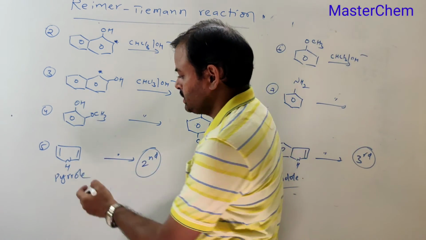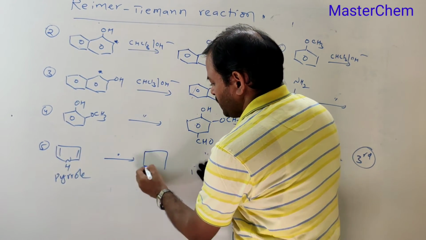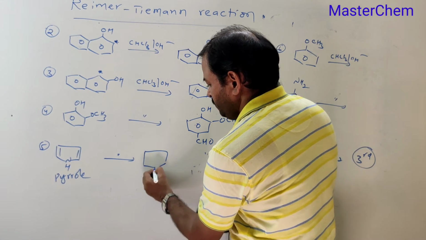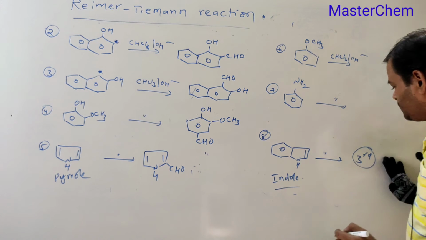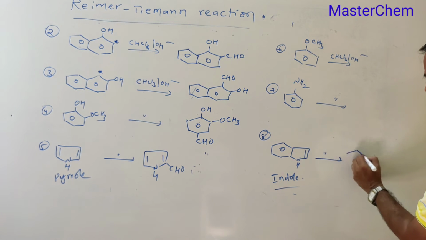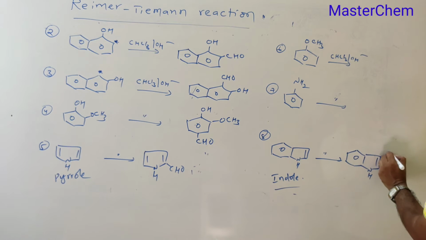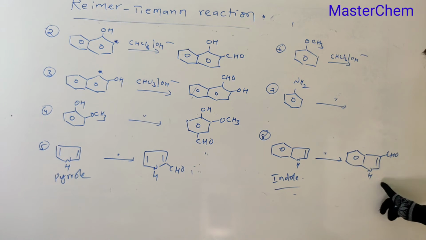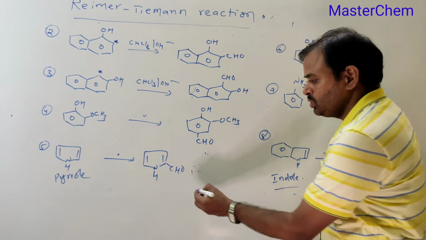Second position means this one, so place the CHO group at the second position. And in this case, third position means 1, 2, 3, so place CHO at the third position. In indole, the third position; for pyrrole, the second position.